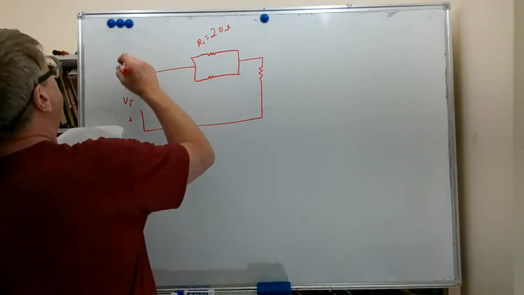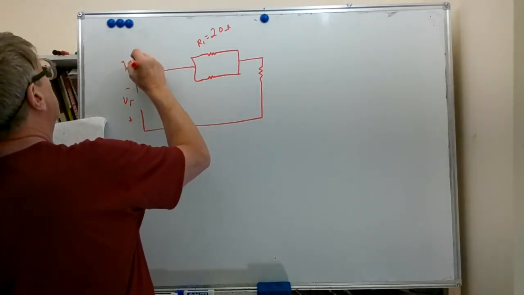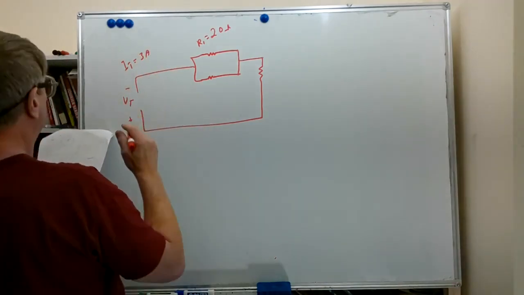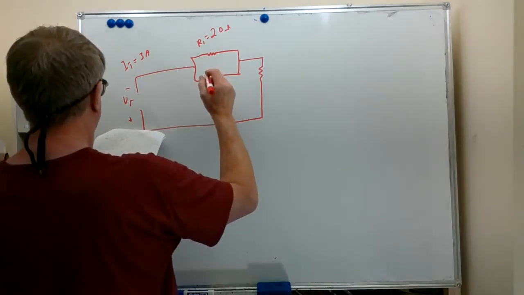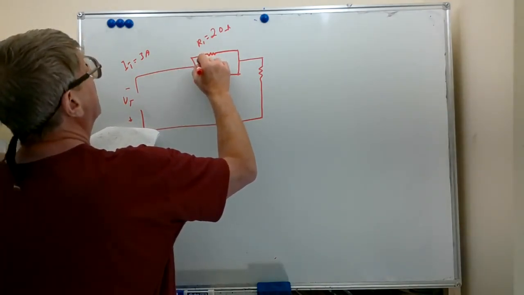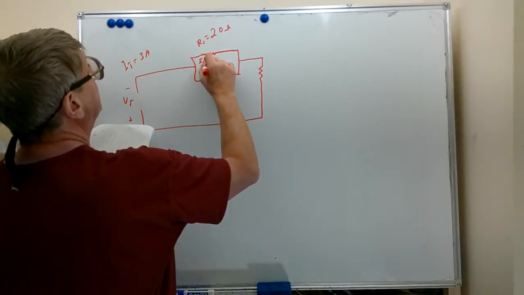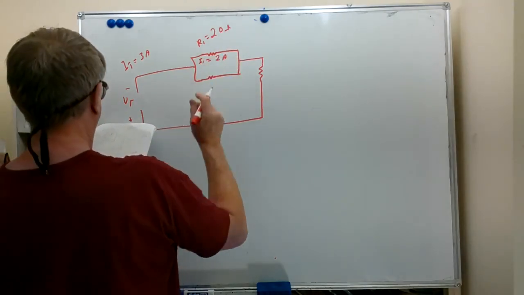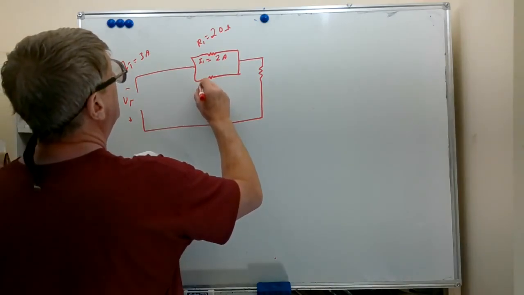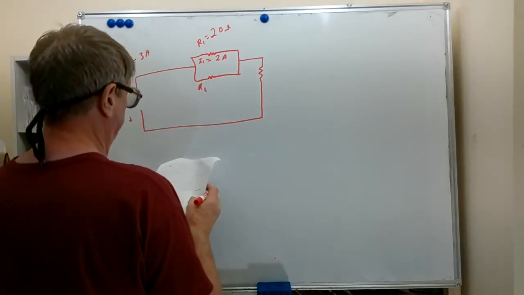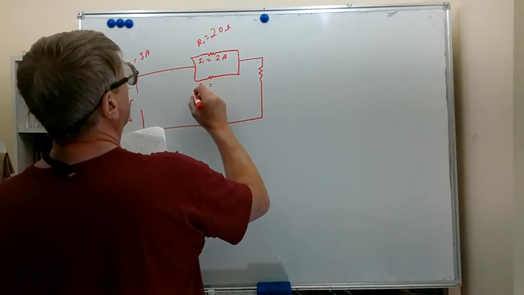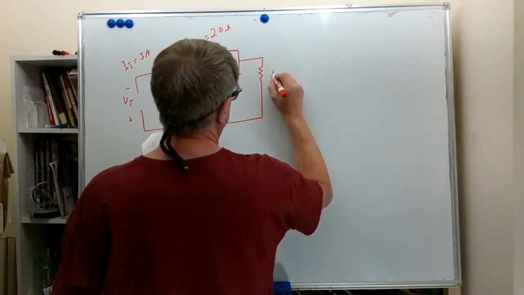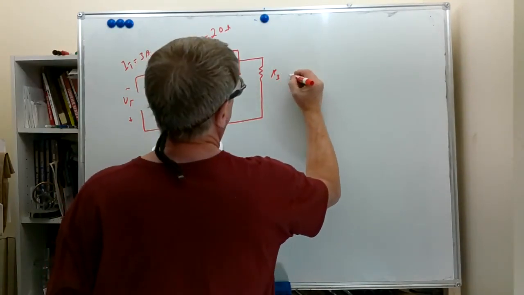We're given an IT equal to 3 amps. We're given here, we'll call this I1, the current through R1, which we're given as 2 amps. We don't know R2 yet, so put a question mark there. We're given R3, which is 20 ohms.